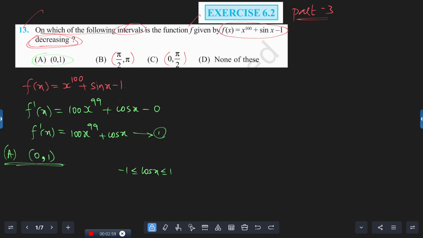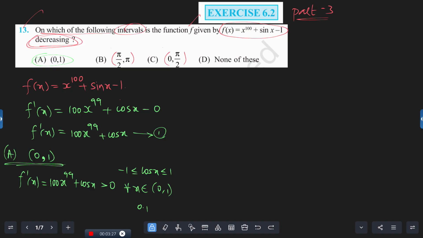So f dash of x, which is 100 into x power 99 plus cos x, will be greater than 0. Why do we say it is greater than 0? For example, for all x belonging to 0, 1, suppose I give x value as 0.1.